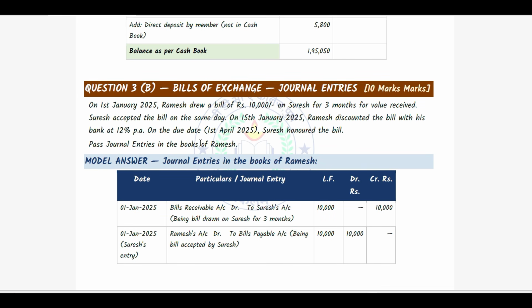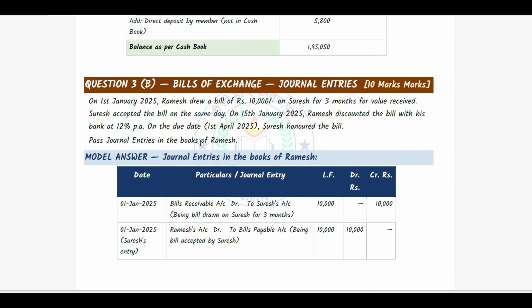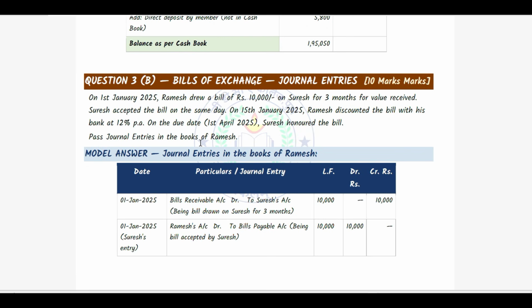So what will be the model answer for bill of exchange? Dates, particulars, that is journal entries, then credit and debits. These are the things we have to mention. On 1st January 2025, bills receivable account debit to Suresh account, being bill drawn on Suresh for 3 months, that is of 10,000, which is given already.